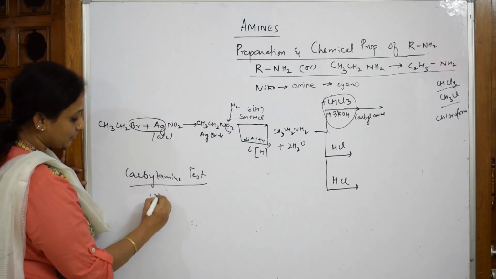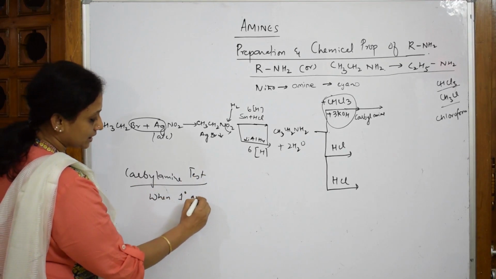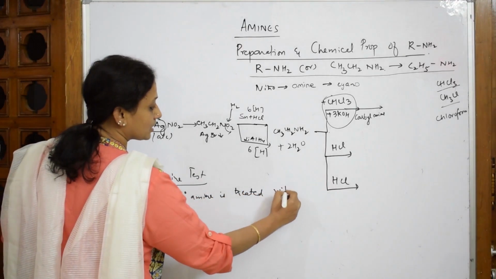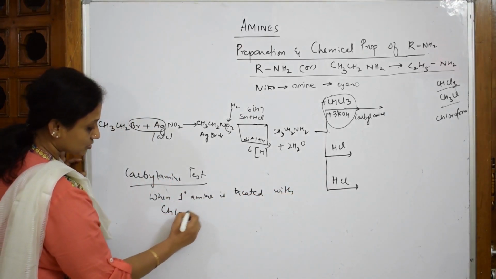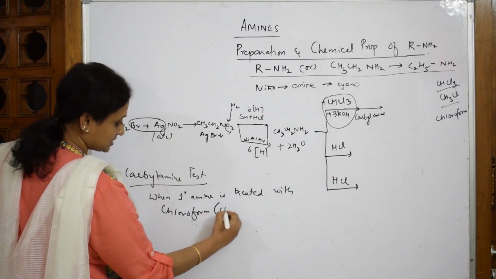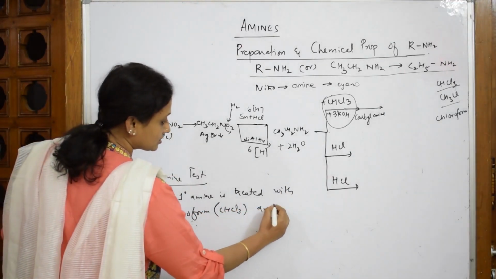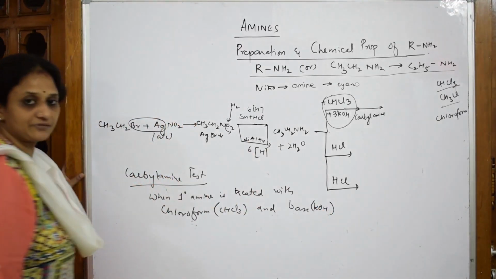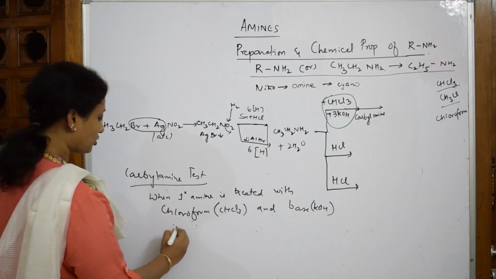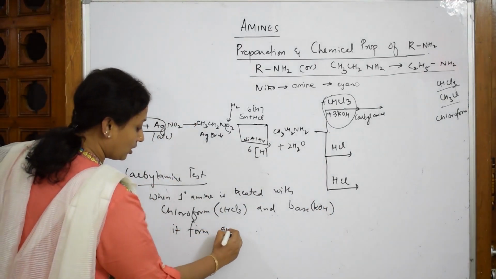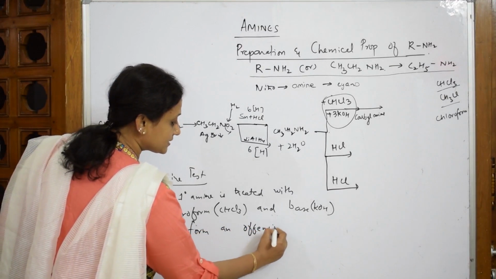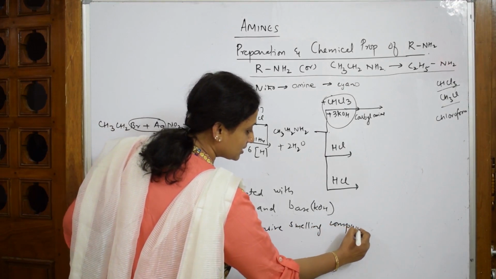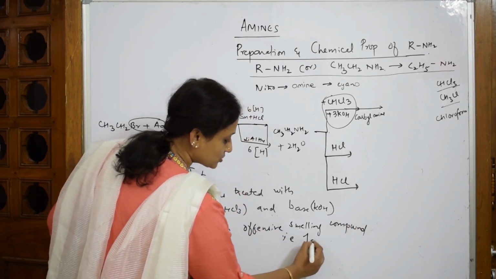Now, what is happening? When a primary amine is treated with chloroform, CHCl3, and a base, here KOH, three moles I have taken, it forms an offensive smelling compound, that is isocyanide.